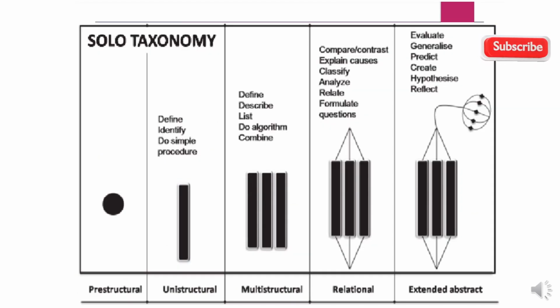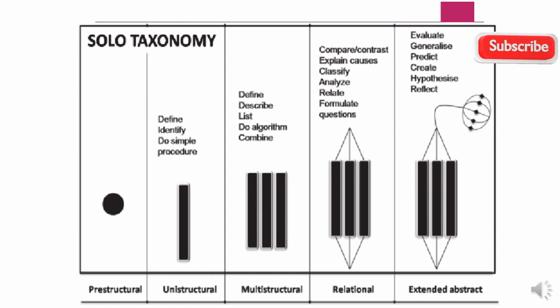What is the SOLO taxonomy? As we already saw in the previous slide about the diagram, the first dot, or full stop, is the pre-structural level. Then we have unistructural, like define, identify, do simple procedure. Then third is multistructural, like define, describe, list, do algorithm, and then we combine.